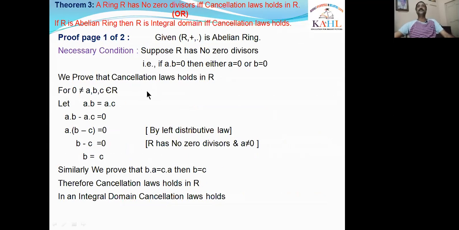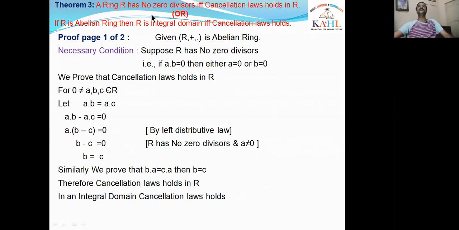And there is a theorem for this, based on the definitions. The statement is, theorem 3: a ring R has no zero divisors if and only if cancellation laws hold in R. This is a necessary and sufficient condition theorem.